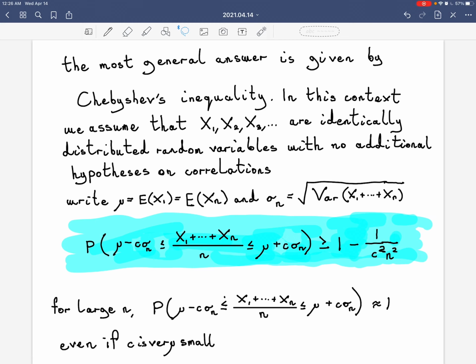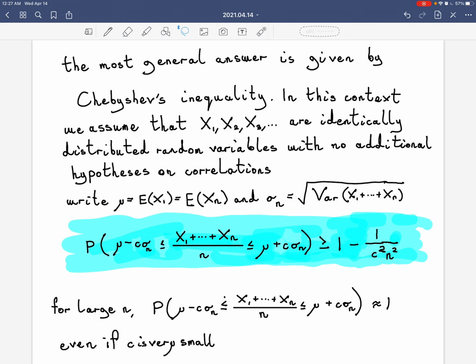If you can make this n really large, and you're in a situation where sigma n is not too much larger than n, sigma n should be something like square root of n, or at least smaller than n, and then the probability on the right side of this thing just starts converging to 1.